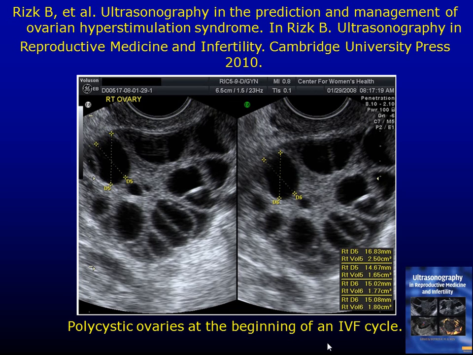And if you increase the number of eggs, what is the increase in ovarian hyperstimulation syndrome? So basically, if you have from 1 to 5 eggs, you have the lower pregnancy rate and the lower chance of hyperstimulation. 5 to 10, higher pregnancy rate, higher chance of hyperstimulation. 10 to 15, highest pregnancy rate, higher hyperstimulation. If you go beyond 15 eggs, the pregnancy rate does not increase, stays exactly the same.